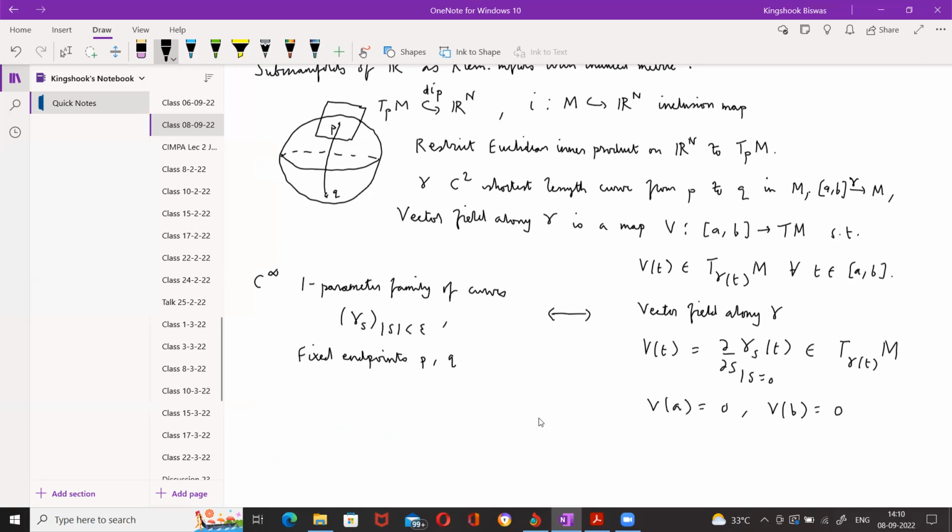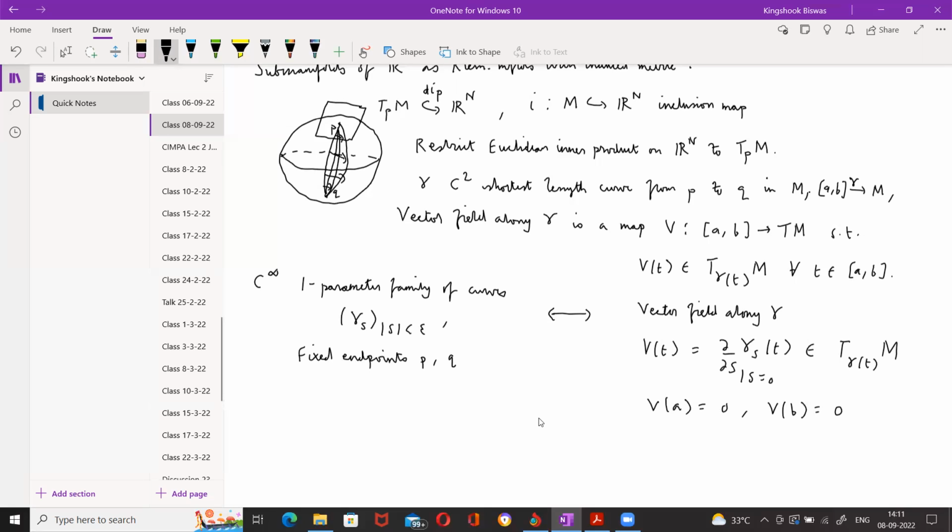Is the statement clear? So for any variation vector field, you can obtain it as the variation vector field of a family of curves. All right, so the vector field vanishes at P, and then maybe it slowly increases like this, and then again it vanishes at Q. Okay, so you can sort of get a family of curves like this.